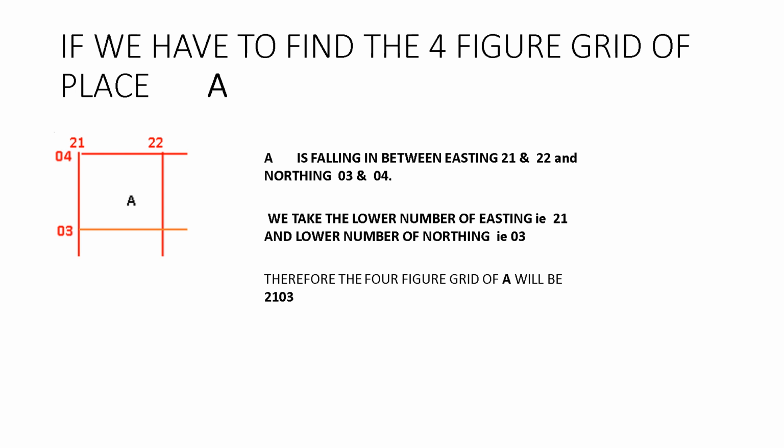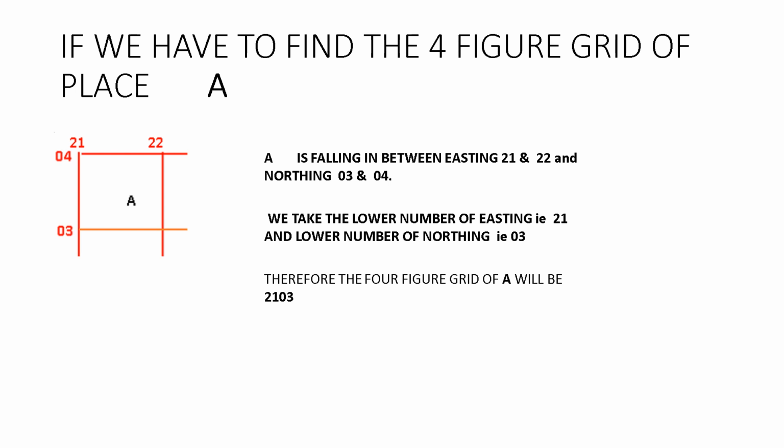In this case, it is falling between 21 and 22. These are the eastings. Then you see between which two numbers the northing of A is falling. That is between 03 and 04.